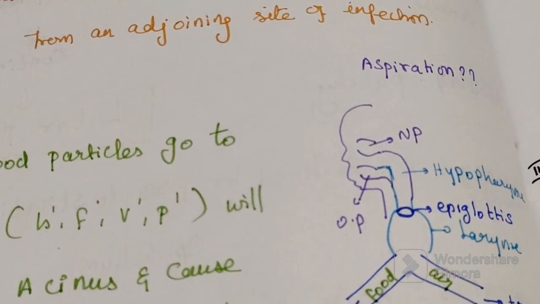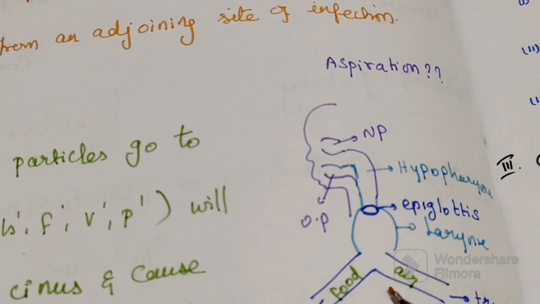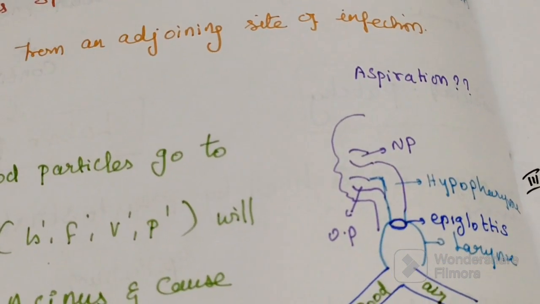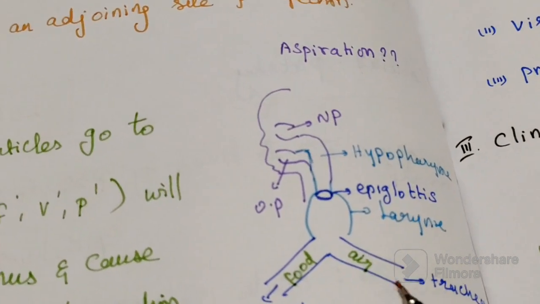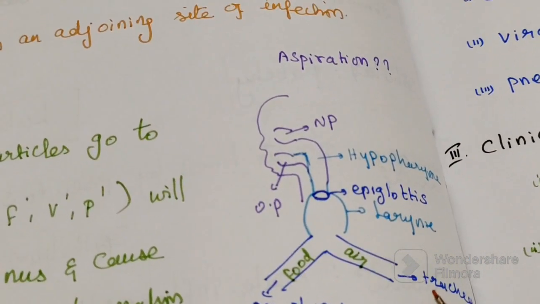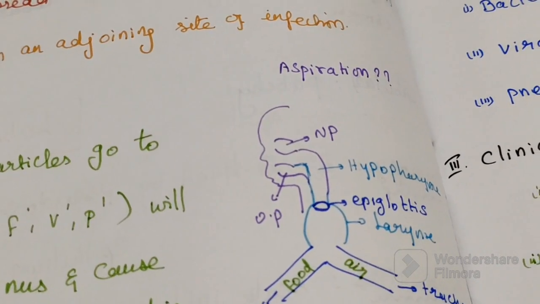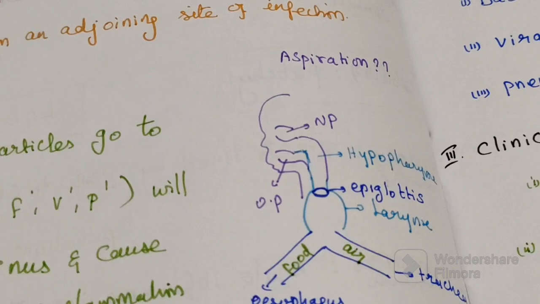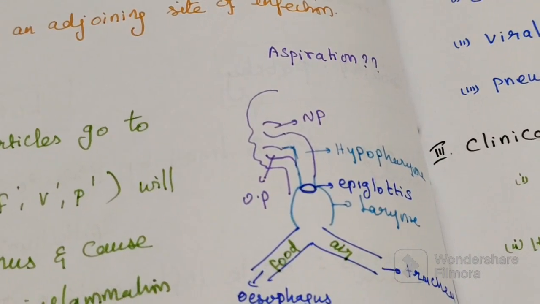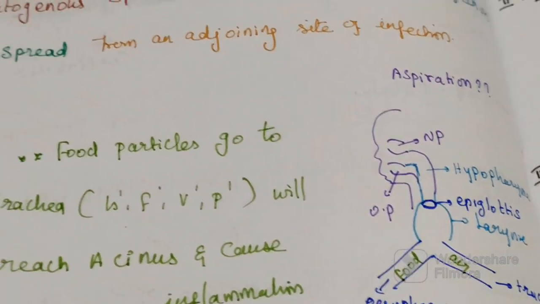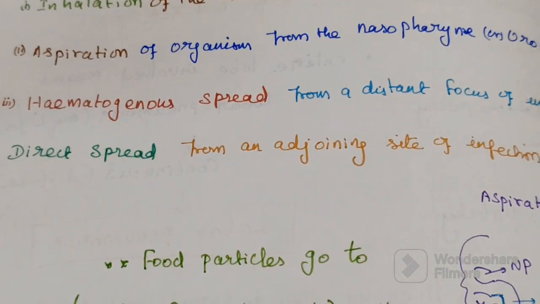But sometimes the epiglottis does not close. If talking during eating, food will go to the trachea. This process is called aspiration. So food containing bacteria, fungus, virus, protozoa will reach the alveoli and cause inflammation.